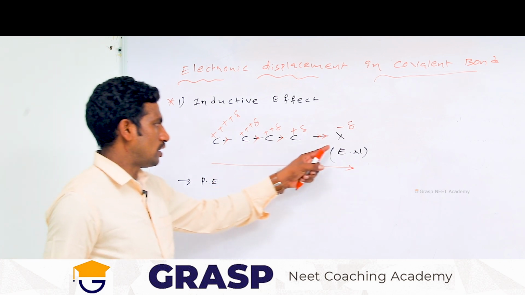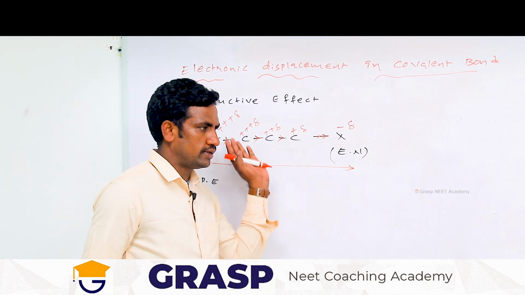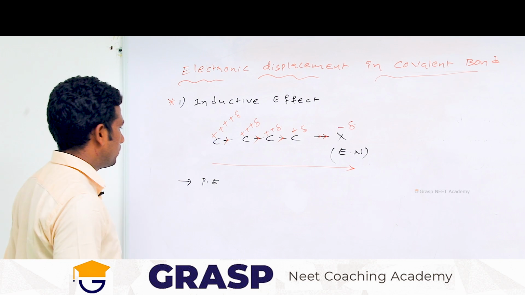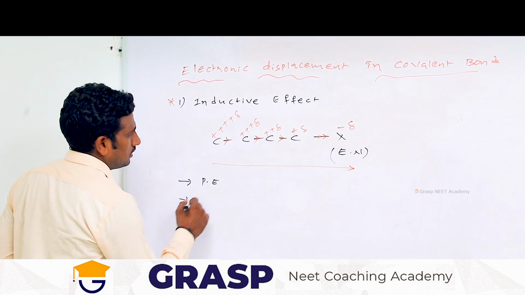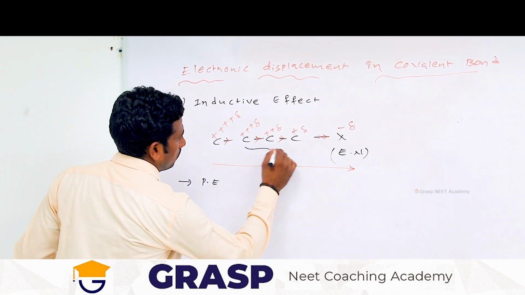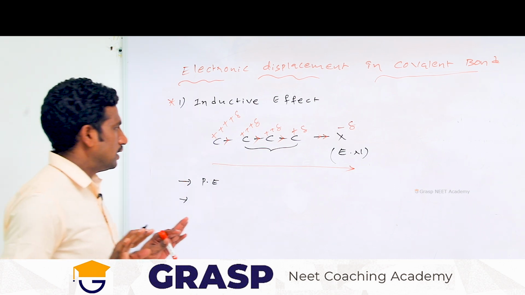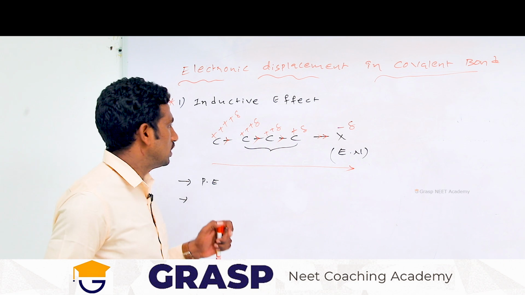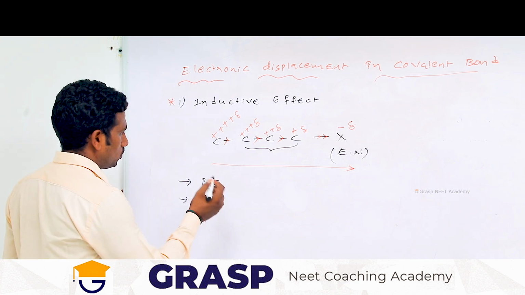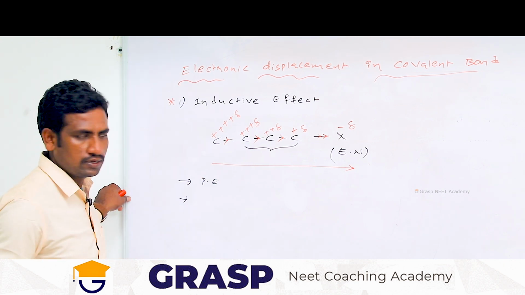Yes, because this halogen, this group, stays throughout the entire compound. So it is a permanent effect, and you can observe this effect up to 3 carbon atoms only. After 3 carbon atoms you can neglect this effect.